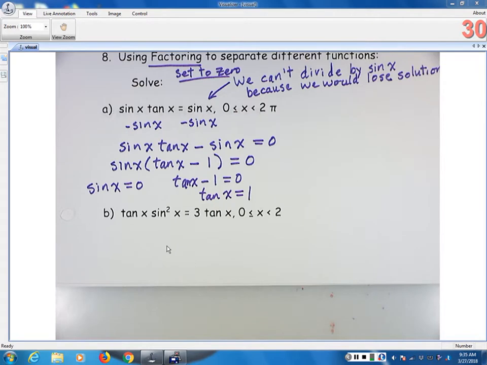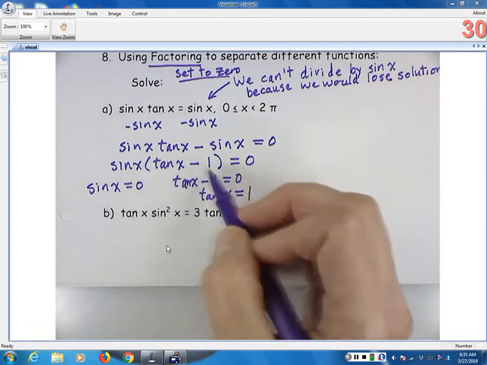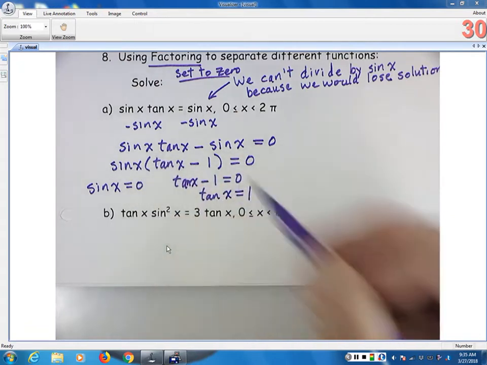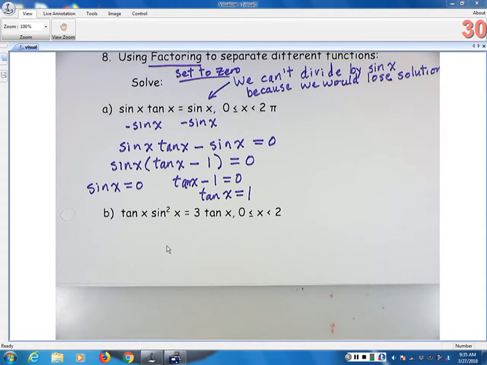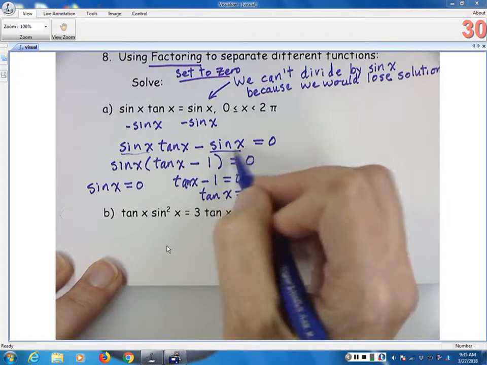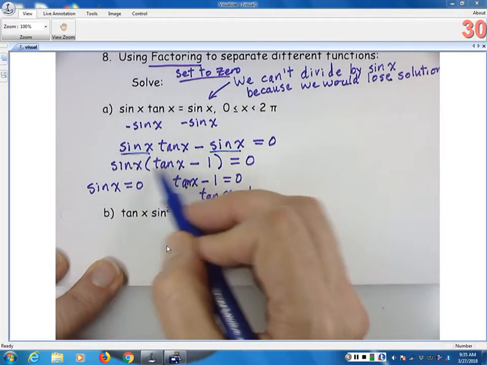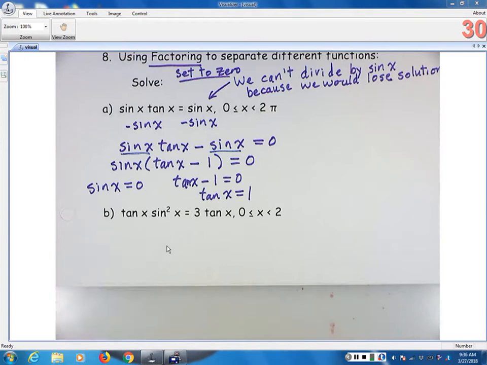If you pull the sine x out, why wouldn't it be sine squared x on the outside? Because if you distribute again, you see that you get exactly that. You're dividing by sine x. Factoring the sine x out doesn't give you two copies of sine x. We have a common factor that we're pulling out. Check by distributing, you should always get that back.